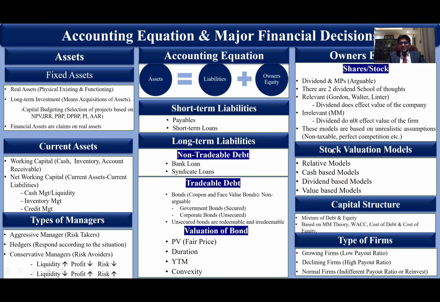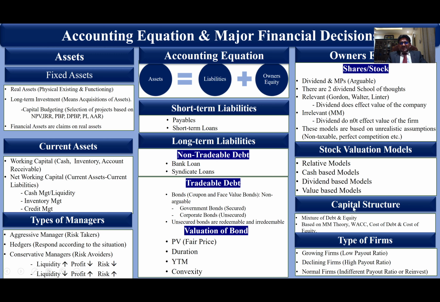Every model has its own characteristic assumptions, and their values can vary from each other. That's why we name them arguable. The relative model has a lot of submodels, and we can use any of the models while making the decision, and whether the stock is overpriced or underpriced in the market, traded overvalued or undervalued, then the effective decision can be made.